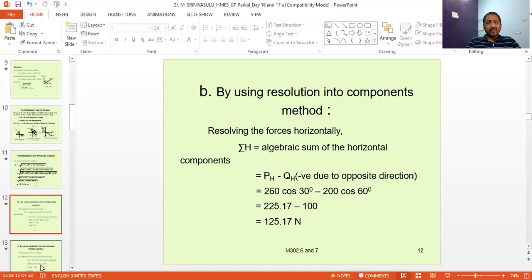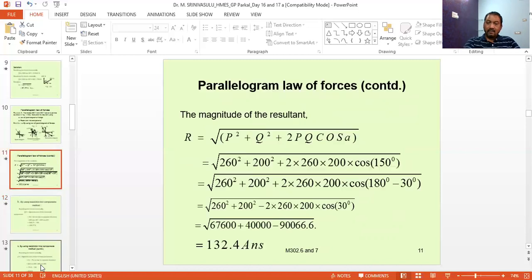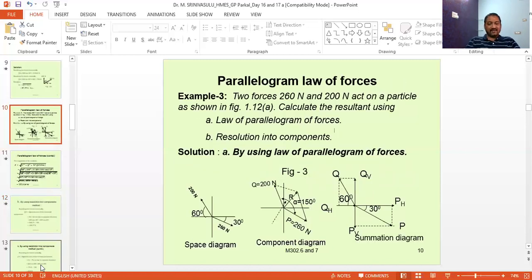So by using the resolution of forces, now resolving the forces horizontally and finding the algebraic sum of the horizontal components of all the forces, that is sigma H is equal to, here we can say PH. So PH is the horizontal component of the force P. PH is equal to P into cos alpha 1. Here alpha 1 is equal to 30 degrees. So force P into cos 30.